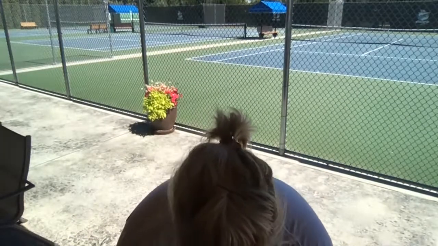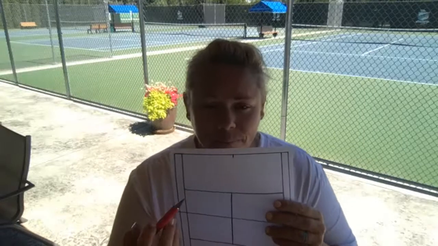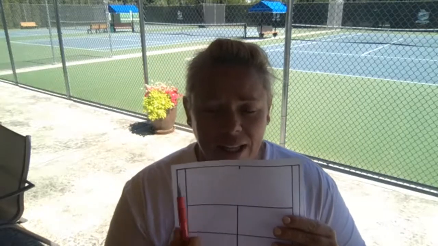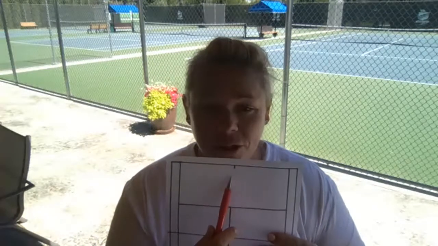As an example, I had a lesson this morning and we discussed they're playing singles today versus when they typically play doubles. And so they said, I hit a lot of balls wide. Where's my best place to hit it? We talked about how you can hit the ball up the middle, but just make sure that it's deep.